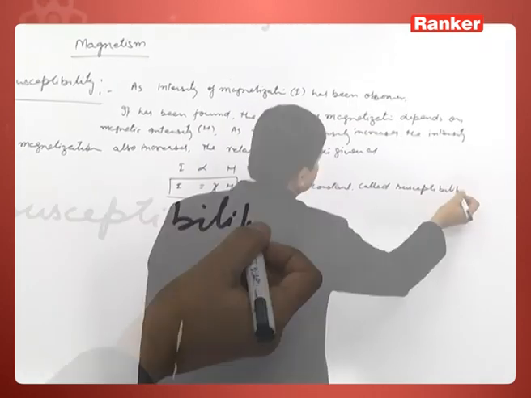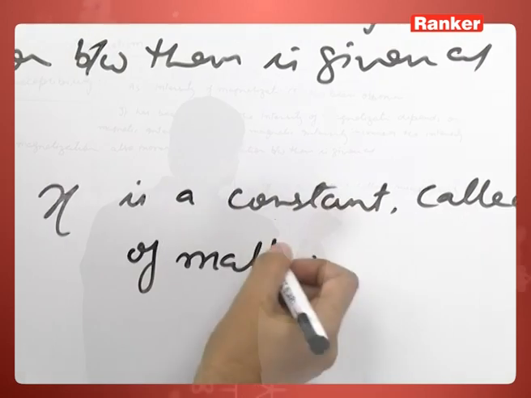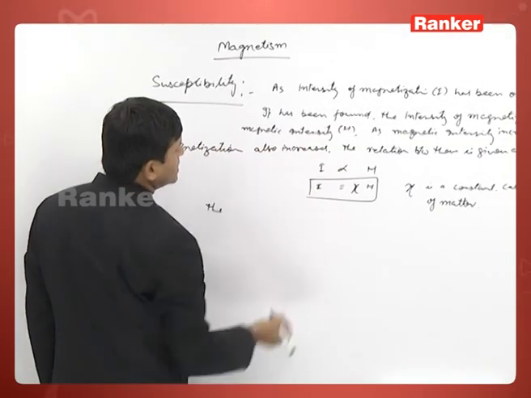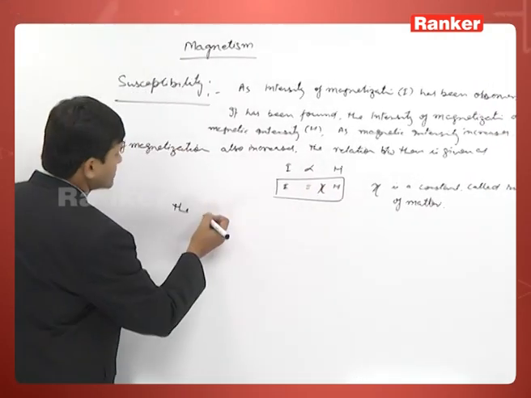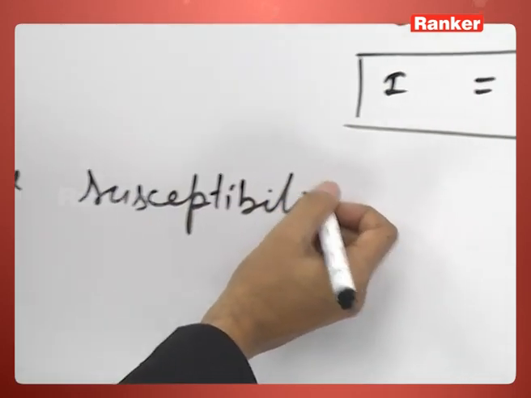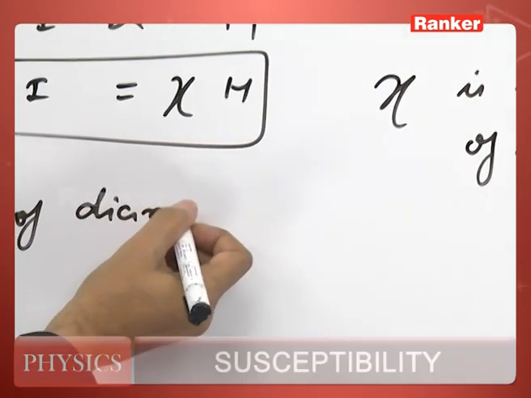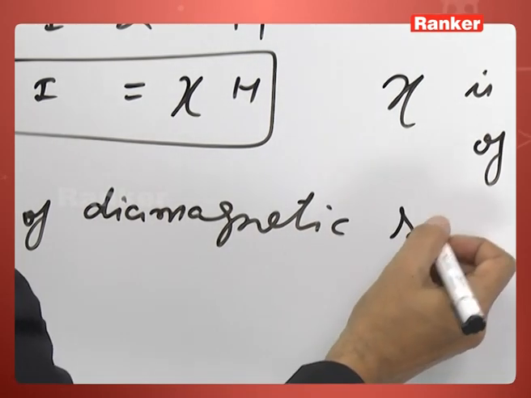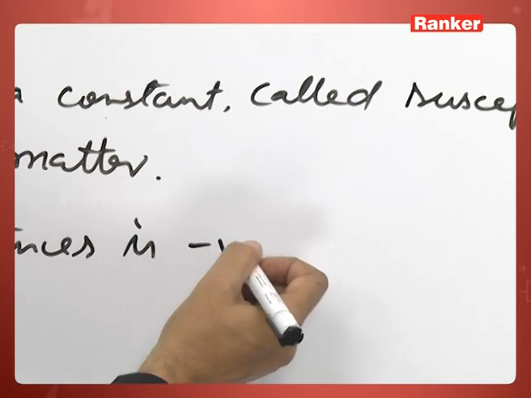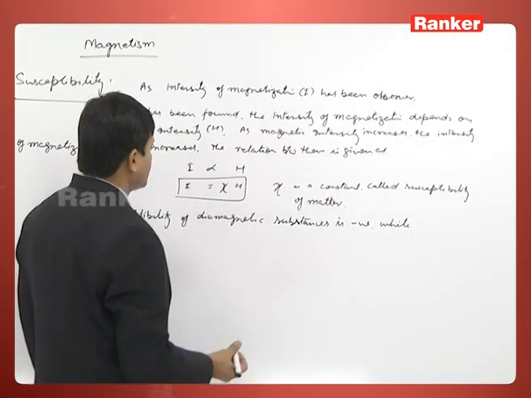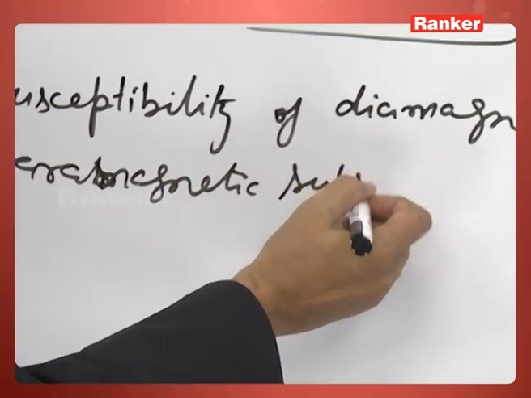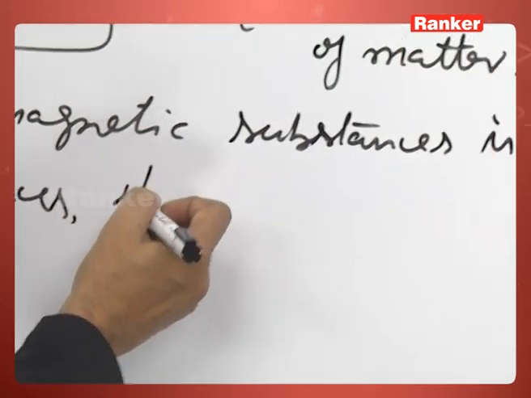Susceptibility of matter, and the value of psi is: the susceptibility of diamagnetic substances is negative, while for paramagnetic substances, its value is positive but very small.